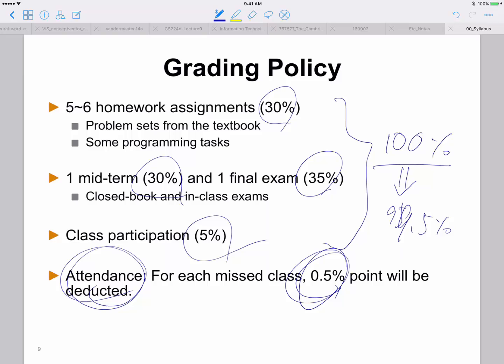We roughly have 16 weeks, 2 times per week, and about 30 classes in total. So this can be considered as taking up about 15% of your total grade. Once you miss the entire class, even if you got a perfect score, it will be around 85%.